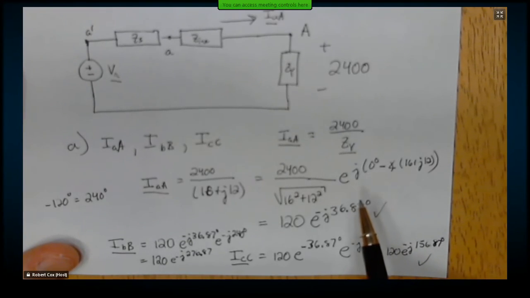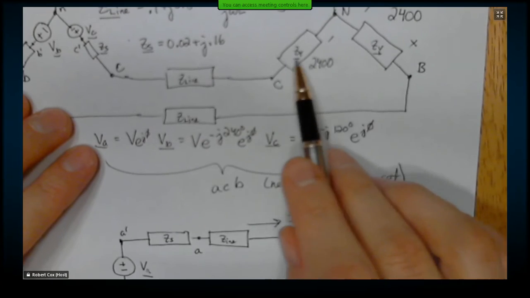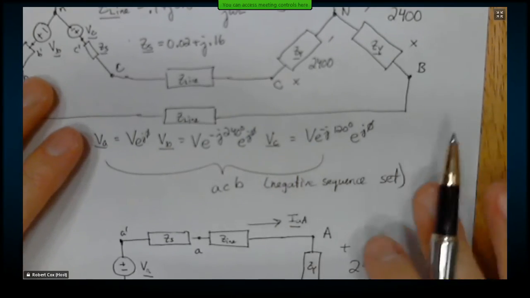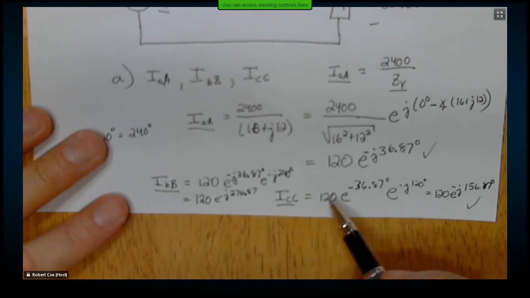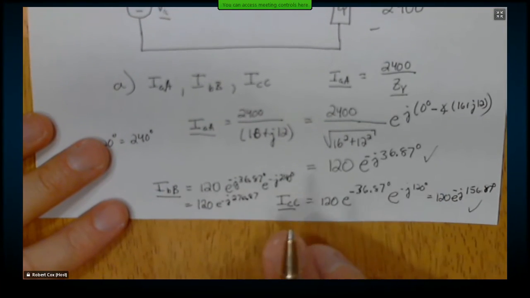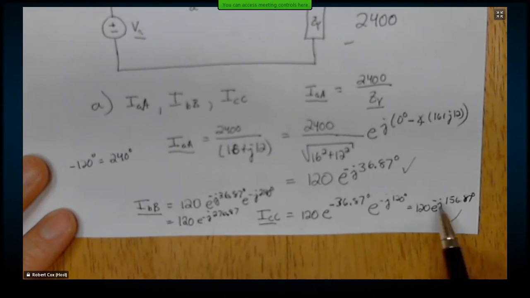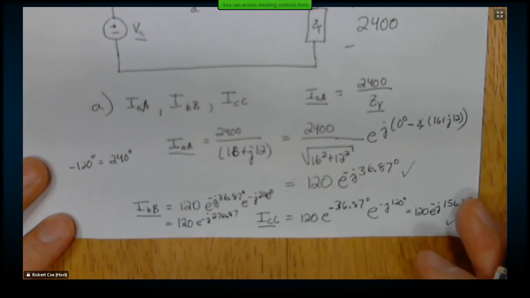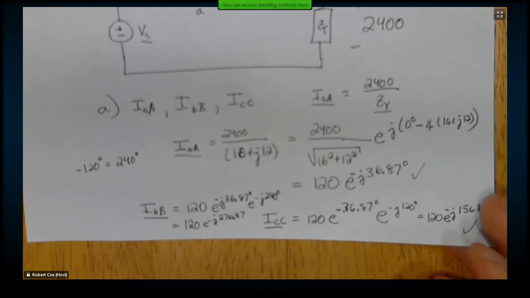To map that over to B and C phase, I know that the magnitude has to be the same for those currents. The angles had to be shifted by 120 degrees each way. Okay, so then I just had to think about which direction it was. In this case, it was a little strange because I was told it was an ACB or a negative sequence set.